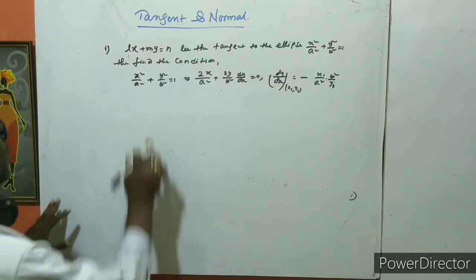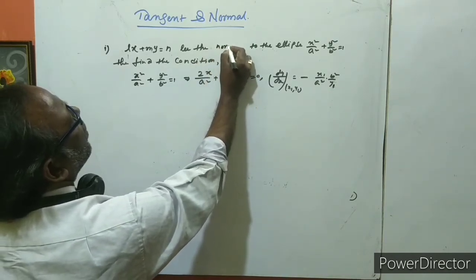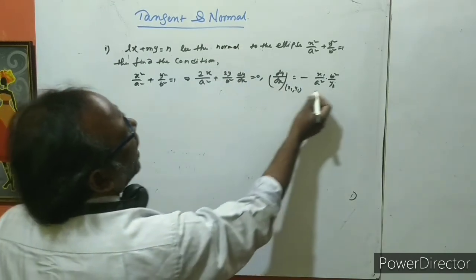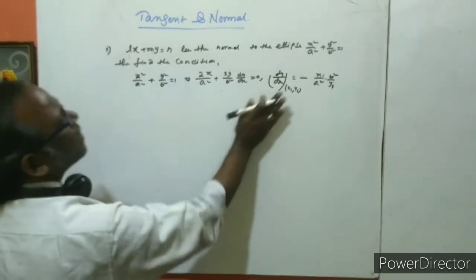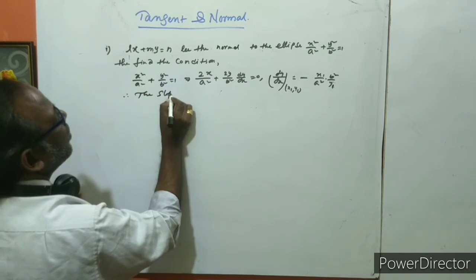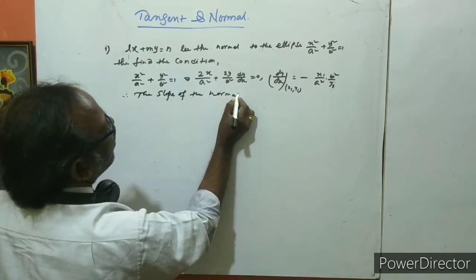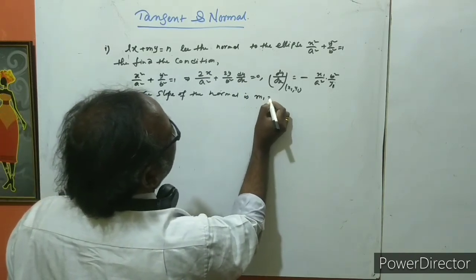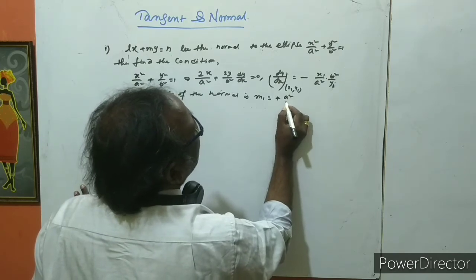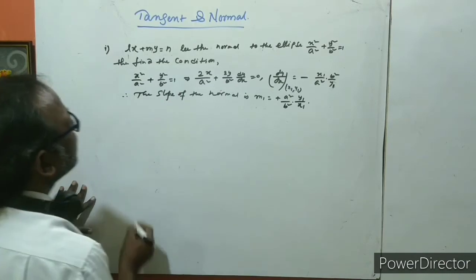This is the slope of the tangent, therefore the slope of the normal is m1, that is the negative reciprocal, a square by b square times y1 by x1.